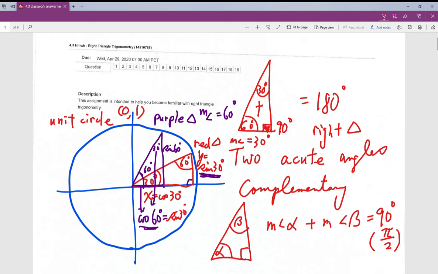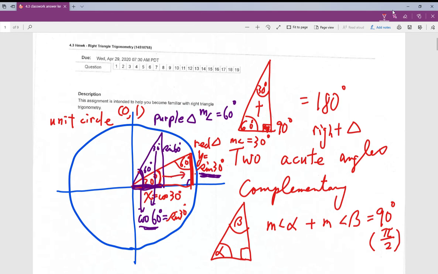Okay, so because this 60 degree angle moves here, the opposite side here becomes the adjacent side to the 60 degree angle. Let me redo this. The adjacent side for 60 degrees equals the opposite side of 30 degrees.